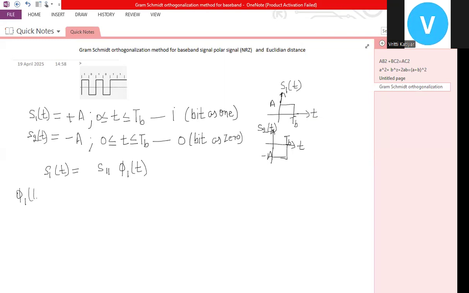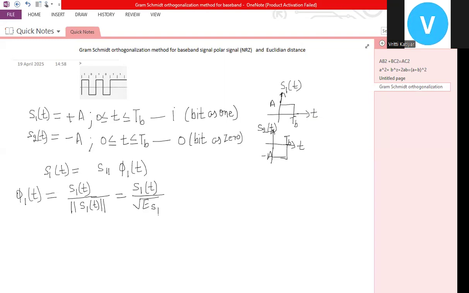The basis function is only one here, that is phi1(t). The orthonormal basis function is represented as S1(t) upon the normalized value of S1(t), which is the square root of the energy of the signal S1(t), written as the square root of energy E1.